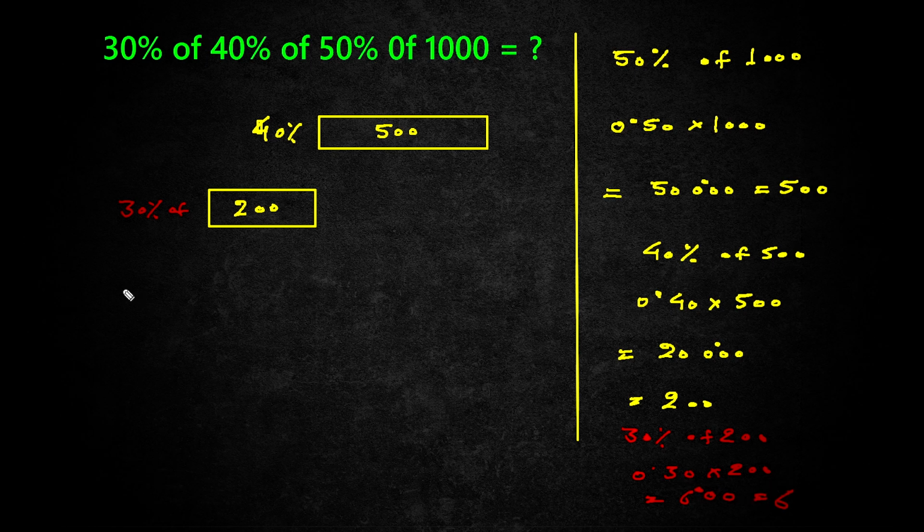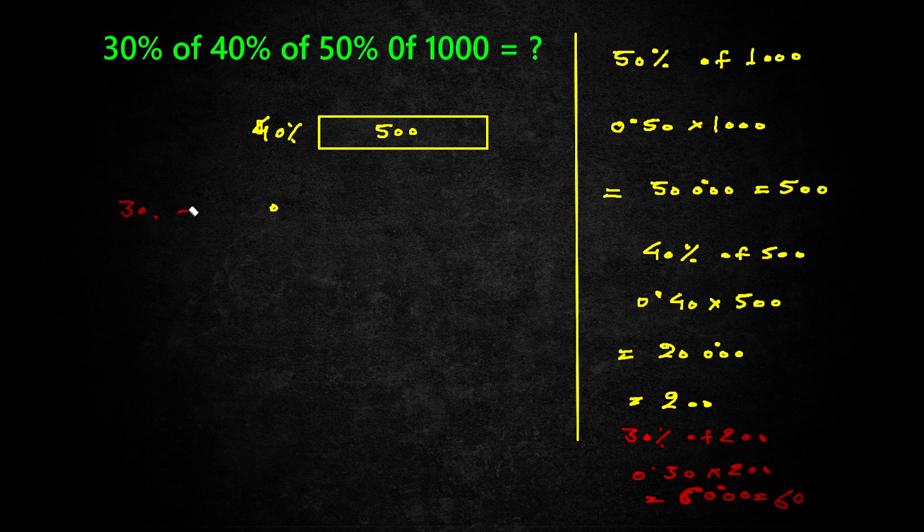Finally, we end up with the answer 60. Some students are faster in decimals. Well, it's fine, but we have a faster way. Sorry about that, it's 3 zeros, so the decimal is going to be there. 60 is the correct answer, obviously.